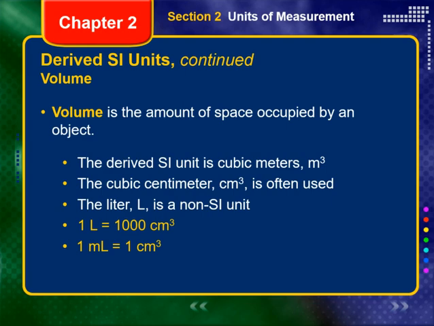Another non-SI unit, the milliliter, represented lowercase m capital L, is used for even smaller volumes. There are 1,000 milliliters in 1 liter. Because there are also 1,000 cubic centimeters in a liter, the two units, milliliter and cubic centimeter, are interchangeable, which is very useful for you to take note of.